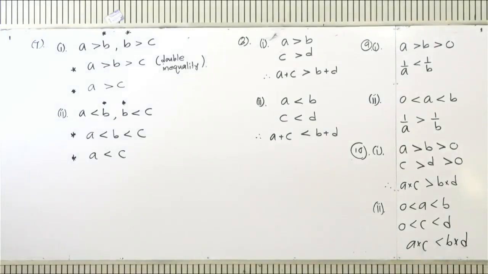Then the 10th one, if there are two inequalities in the same direction with positive sides, we can multiply both inequalities.